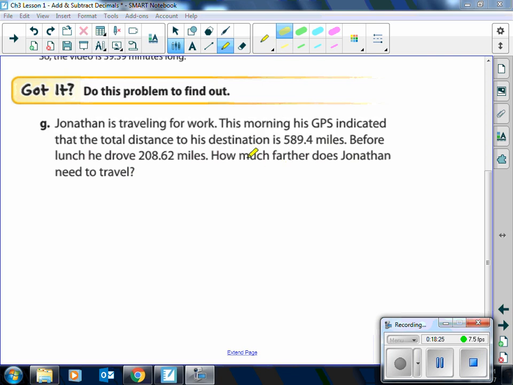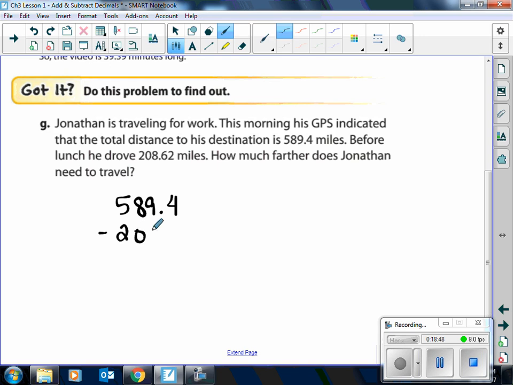Very good, because we want to know how much farther we have to go, right? So we are going to subtract from the total, which was 589.4 miles, how much he already drove, 208.62.